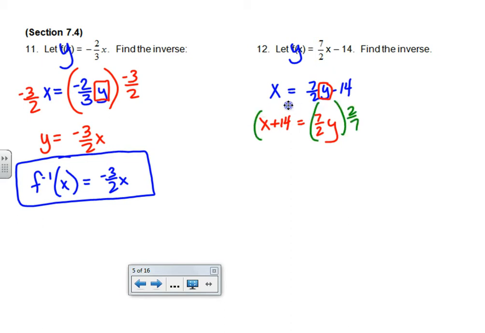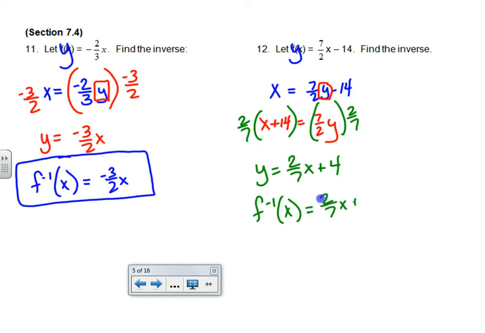To everybody, notice the parentheses, please. And I'm going to flip this around, and when I go ahead and distribute the 2/7, I get 2/7 x plus 4. And then my final exact wonderful answer would be f to the negative 1 of x equals 2/7 x plus 4.